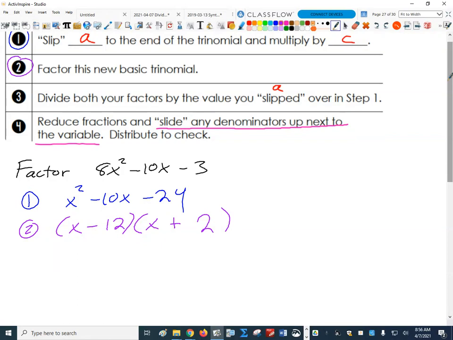What'd you do in step 3? There you go. Good. Okay, so step 3, I'm just going to divide each of the magic numbers by A, right? The number that got slipped. Okay, good. So there's our step 3.